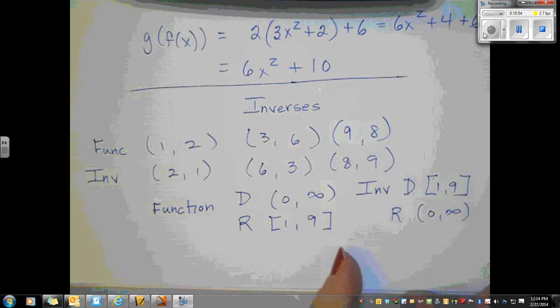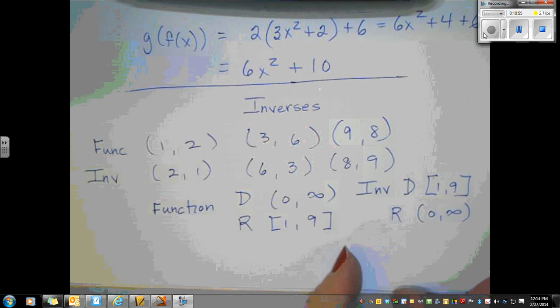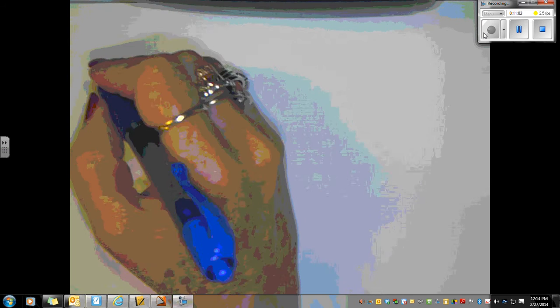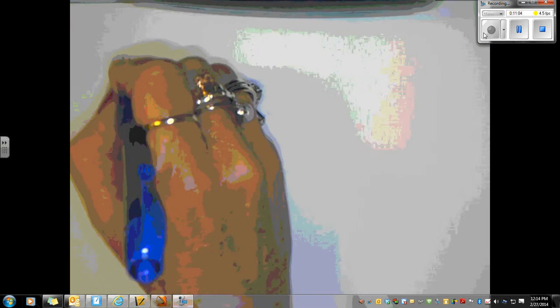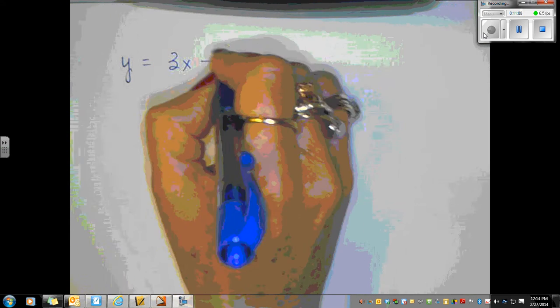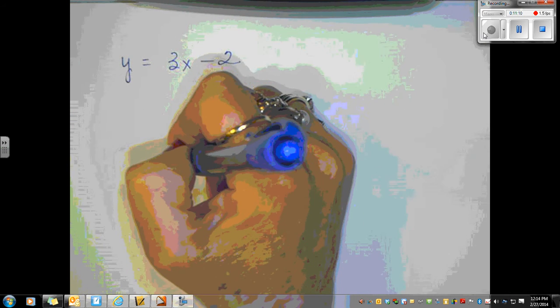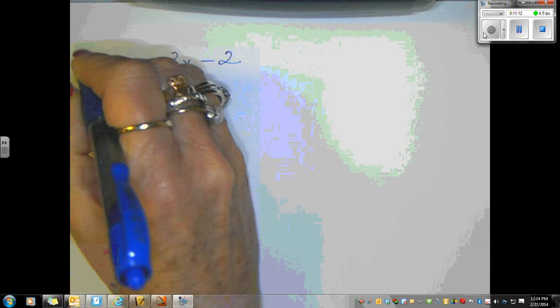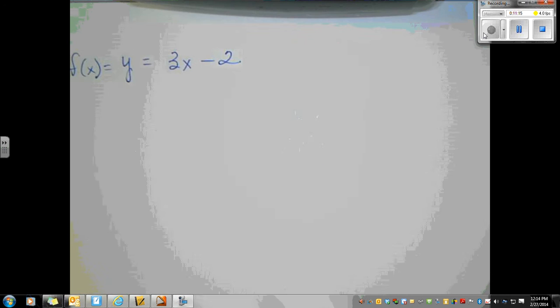All right, but how about if we had y equals 3x minus 2? That's f of x, and I want the inverse. What do we do?